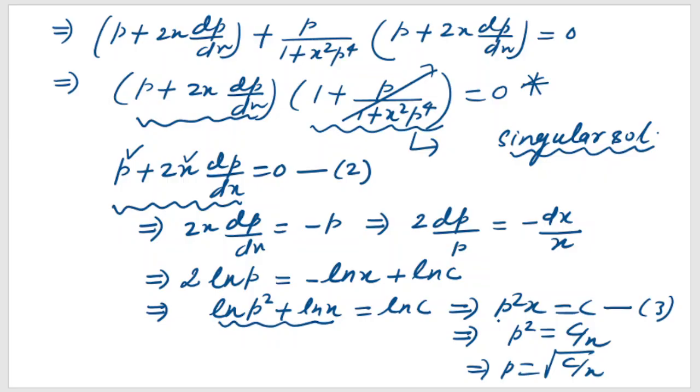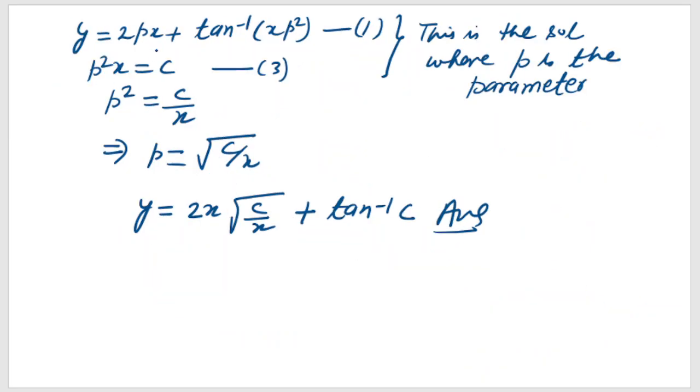So we solved this and got the equation number 3. Now I take equation number 1 and equation number 3 and try to eliminate p. If we are able to eliminate p, then we can eliminate and write that as the solution. If we are not able to eliminate p, then we simply write both of the equations together and say that this is the solution where p is the parameter.